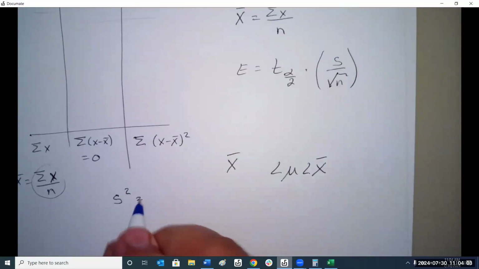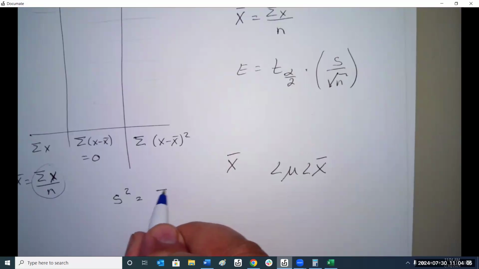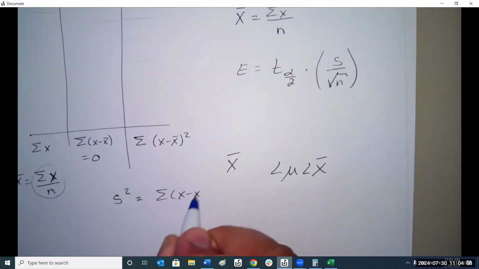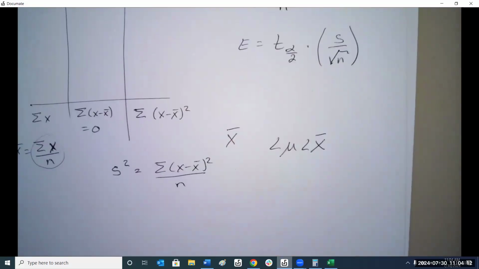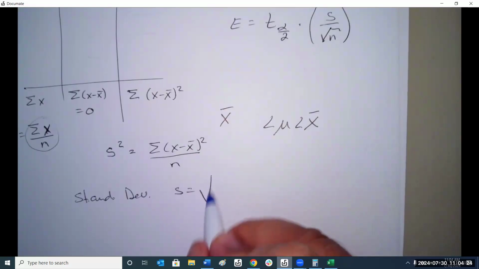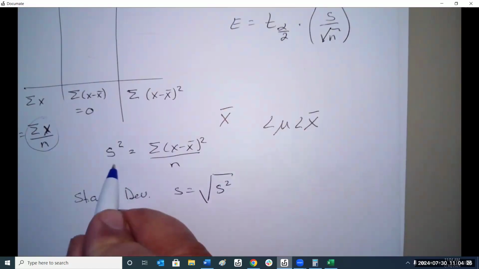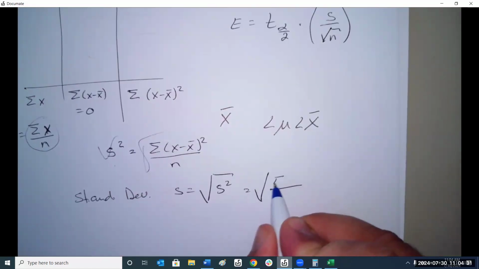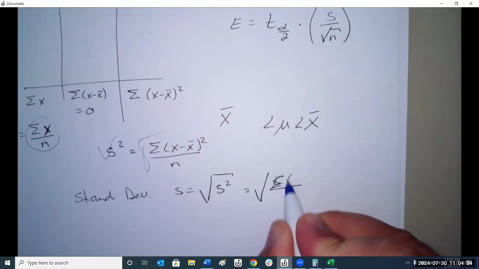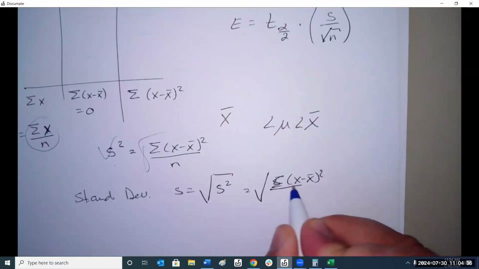I first find the variance, which is the summation of x minus x bar squared divided by n. And then the standard deviation is s. It's the square root of s squared. So it's the square root of the summation of x minus x bar squared over n.